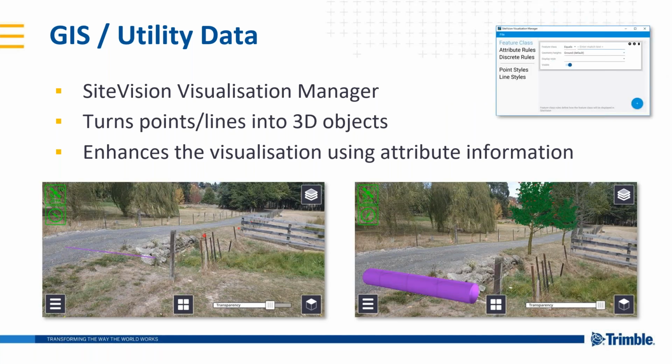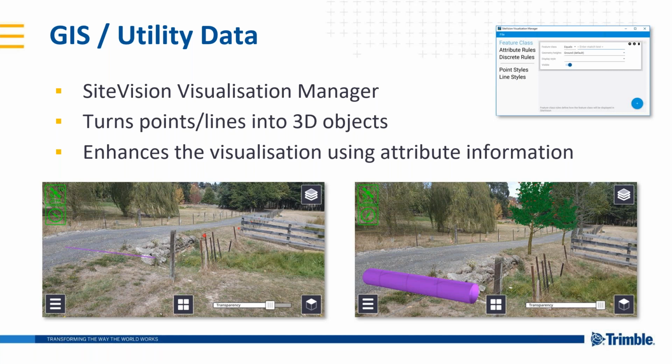And here's another simple example as well. On the shot on the left, there's just a simple line feature, and then there are 4 point features. Using the attribute information that was collected when these features were picked up, the system can interpret that attribute information, and when I go out into the field and visualize it through SiteVision with the rule set created with the utility app, it will render these as objects in 3D.